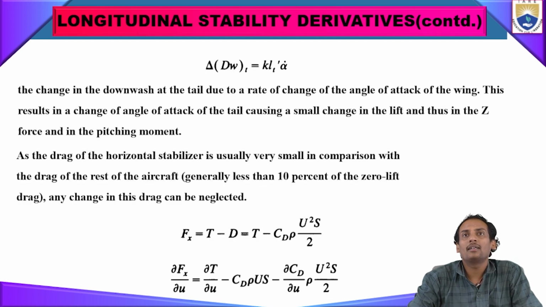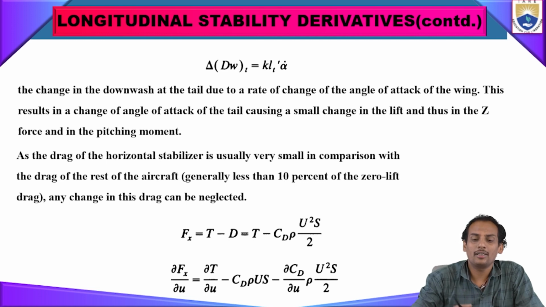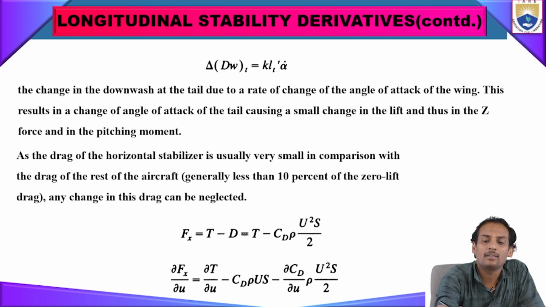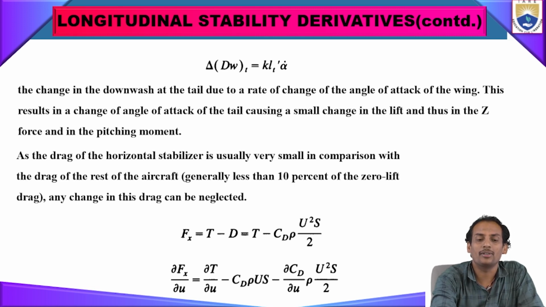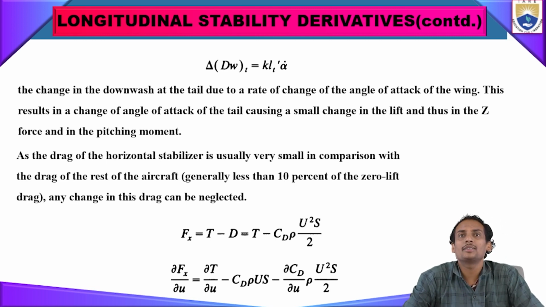So the delta dw will be k lt dash into alpha dot. So the change in downwash at the tail is due to the rate of change of angle of attack of the wing. This results in a change in angle of attack of the tail, causing a small change in lift.